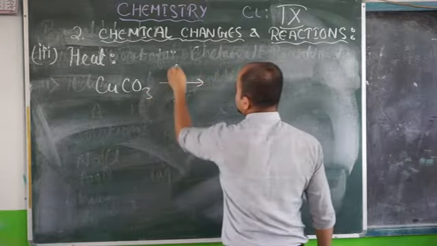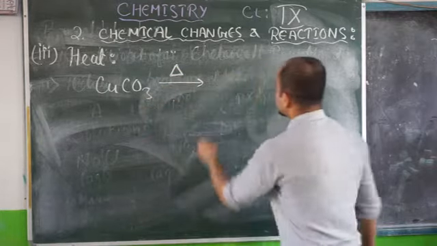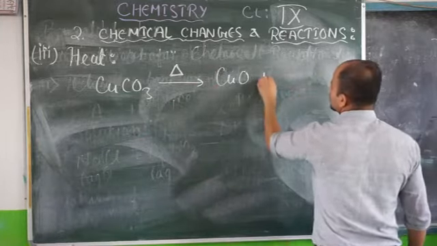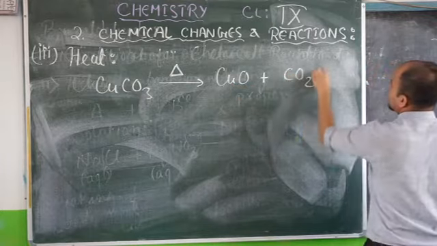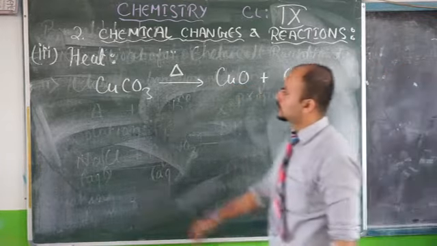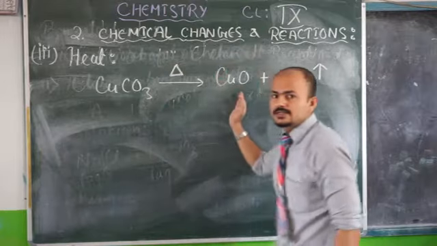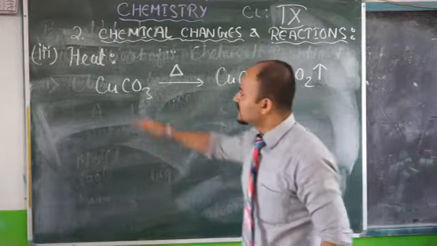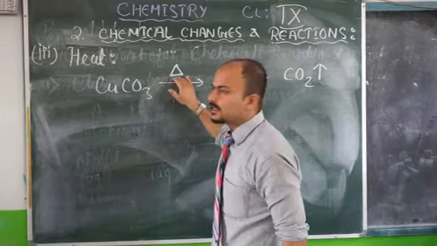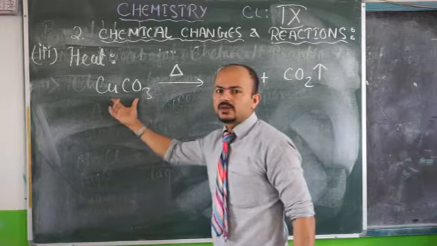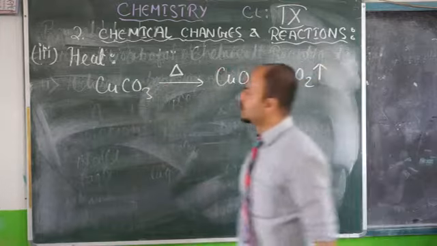If it is heated, this sign is for heating, then only this reaction will take place, where the product formed will be copper oxide and carbon dioxide gas will be evolved. Now, if you don't heat it, will this reaction take place? Not at all. This reaction will not take place if it is not heated, because it is very stable. Once you heat it, then only the reaction will take place.